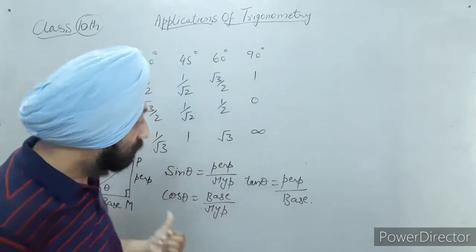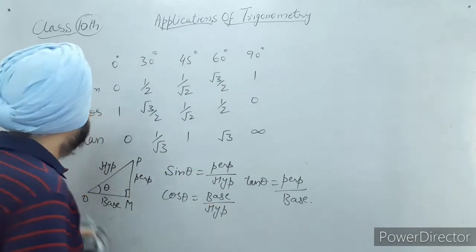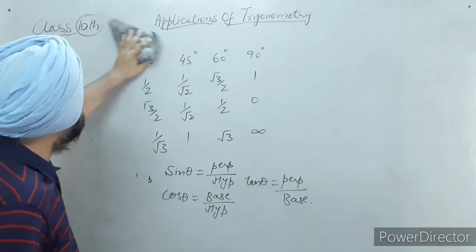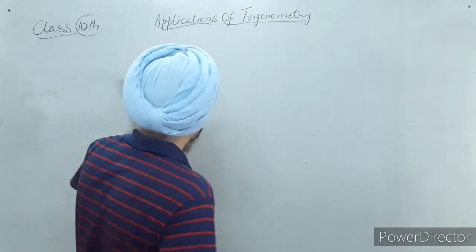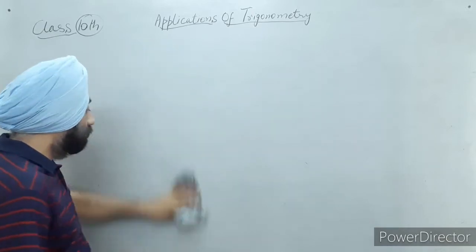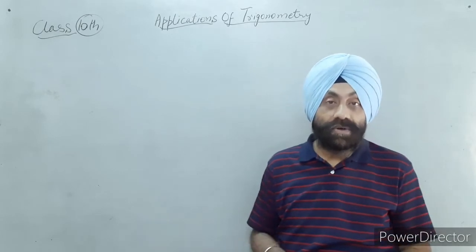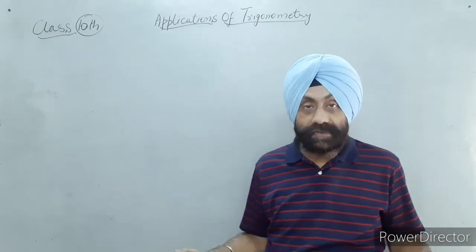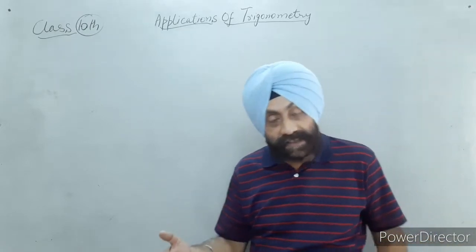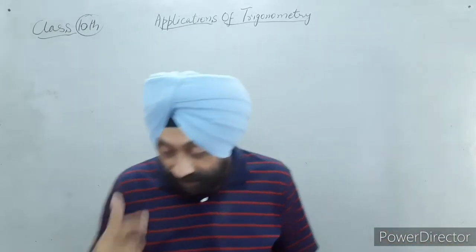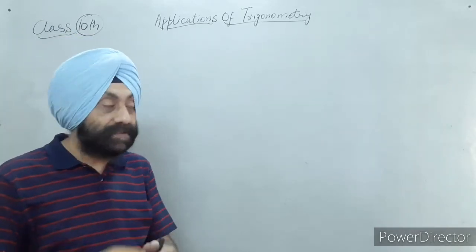These will be applied in this chapter, that is applications of trigonometry, or we call this chapter heights and distances. This concept is used in finding the height of a mountain, or the width of a river, or a width of a road, or any height of any building. This method is applied.